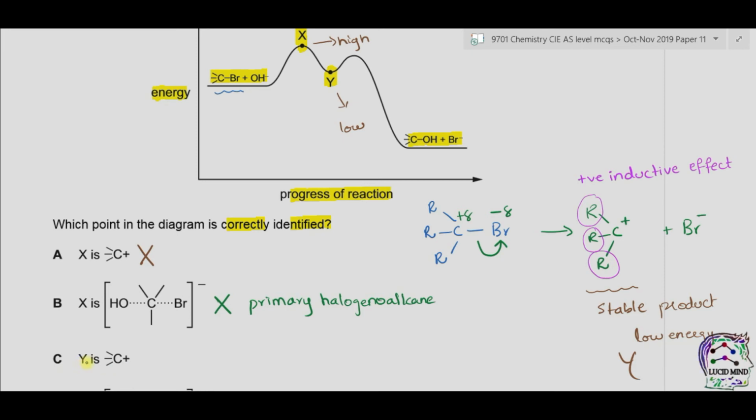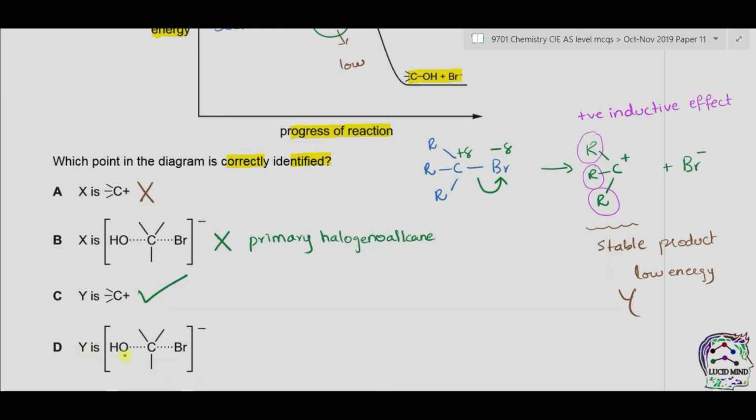In C, it is given that Y is carbocation. Now as Y is at low energy, so this should be the correct option. In D, Y is given as this transition state. Again, this is incorrect because this is for primary halogenoalkane. Correct answer is therefore C.